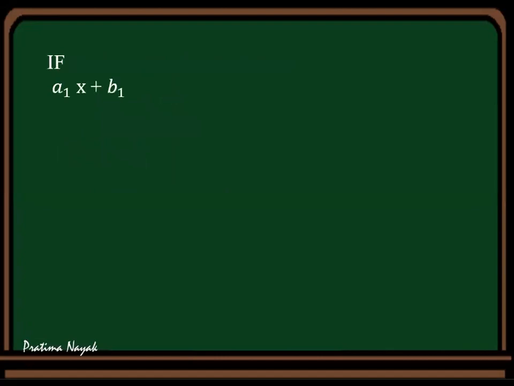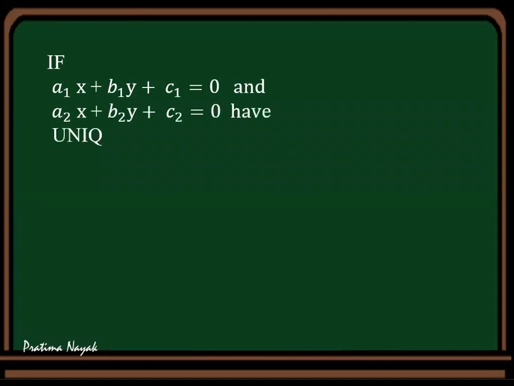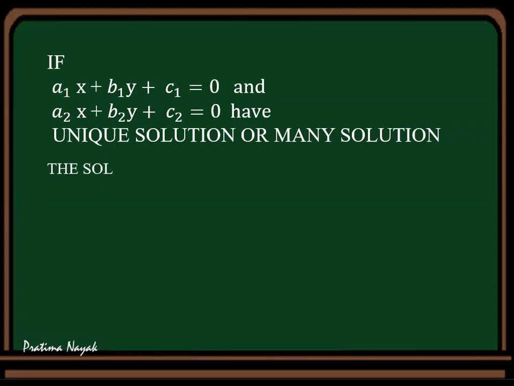If a1x plus b1y plus c1 is equal to 0 and a2x plus b2y plus c2 is equal to 0 have a unique solution or many solutions, then the solution is called consistent.